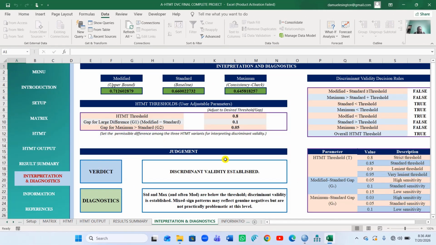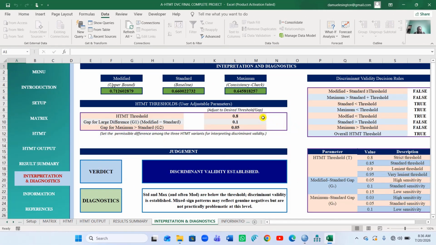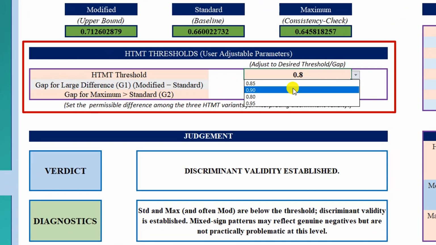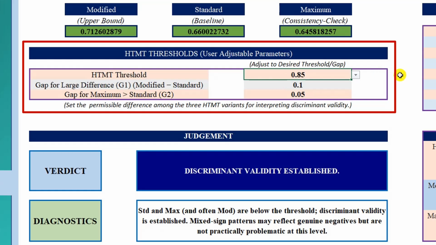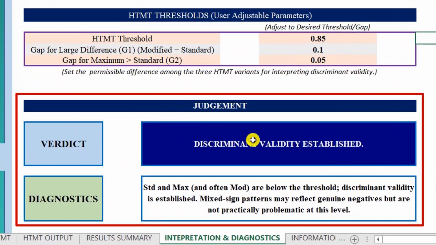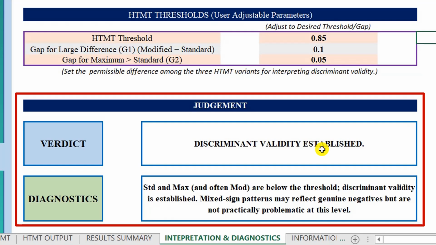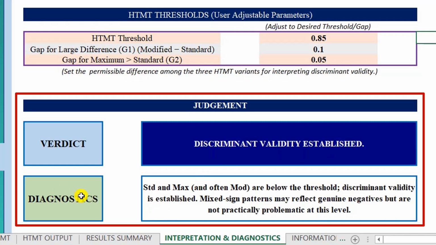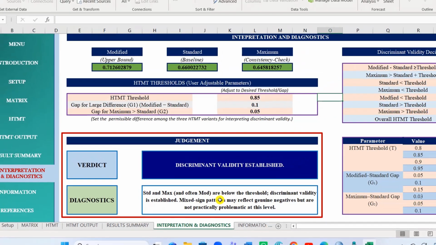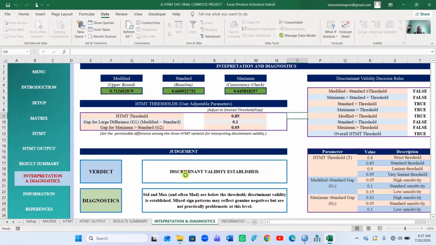Under the interpretation and diagnostic sheets, I can adjust the threshold ratio. In this case, I can put it at 0.85, and you see that the verdict here still tells me that discriminant validity has been established. There is some information here about diagnostics, which helps the researcher in case they're having difficulties with their models.